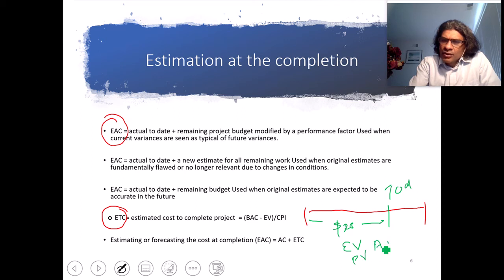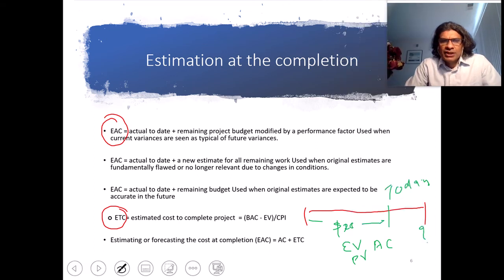You can find out all those details and the performance of the project in terms of variances as well as indexes as of today's date. That you can easily find out. Now, how exactly does this help us find out what the cost could be at the end?